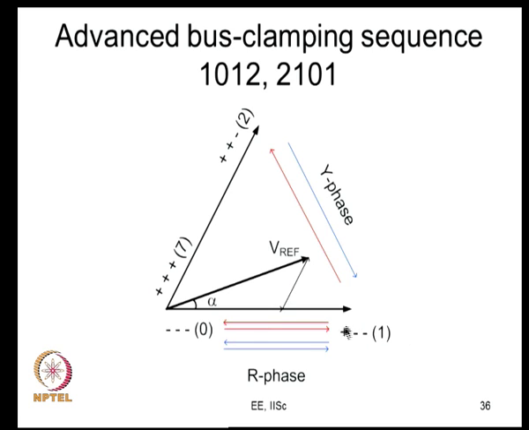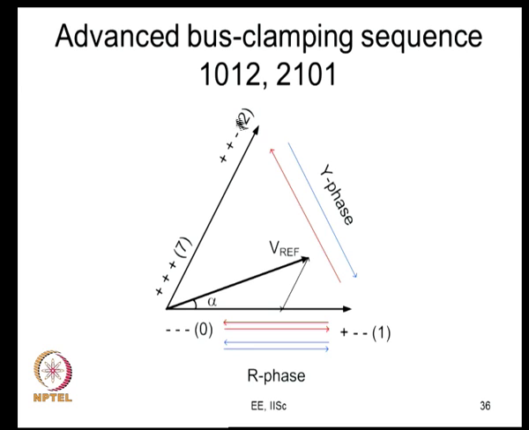Let us say we start from 1, we are here. So, we are not going to be here for the entire t1 seconds, but we are here for t1 by 2 seconds, half of what is required. Then switch this phase, which phase is that? R phase. Go here, stay here for tz seconds, then come back to active vector 1, stay here for the remaining t1 by 2 seconds, then switch Y phase, go here and stay here for t2 seconds.